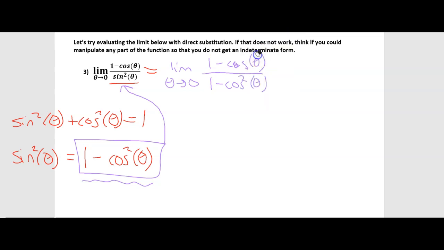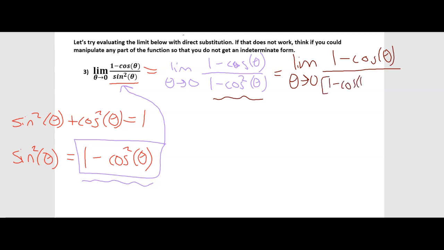But if we look at our denominator, that is actually the difference of squares, right? One is a perfect square, and cosine squared is a perfect square. So what we can do is we can have 1 minus cosine of theta in our numerator, and then I'm going to have 1 minus cosine of theta times the quantity 1 plus cosine of theta.